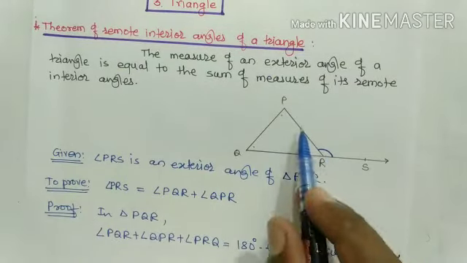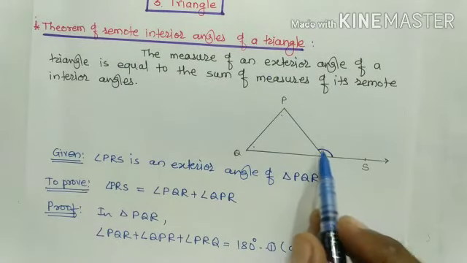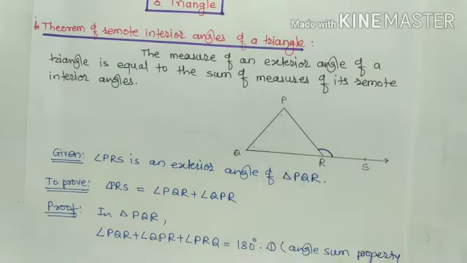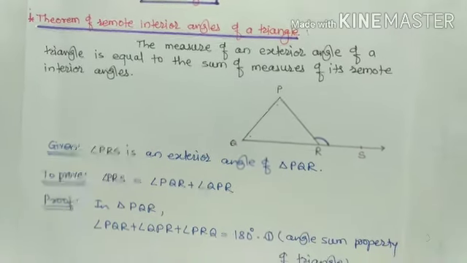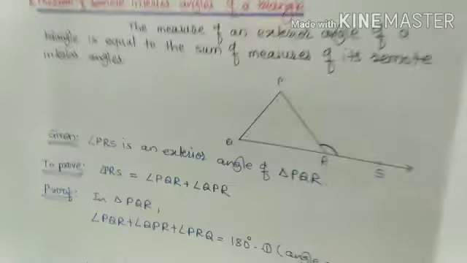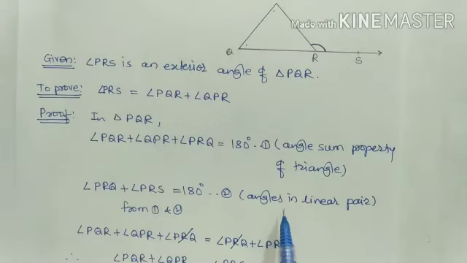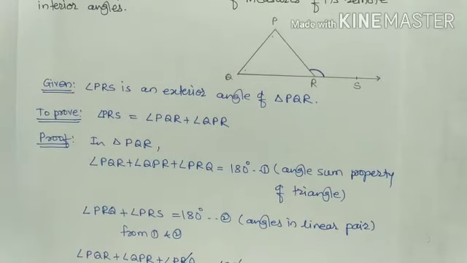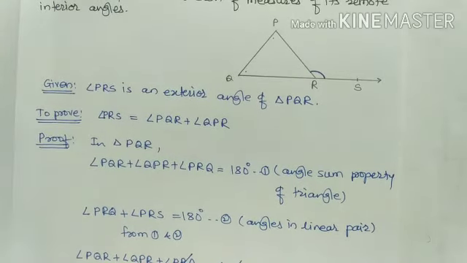Here the measure of this exterior angle is equals to the sum of its remote interior angles. To prove this theorem, we use these two properties, that is angle sum property of a triangle and the property of angles in linear pair. This is one of the most important theorems as concerning to our syllabus.